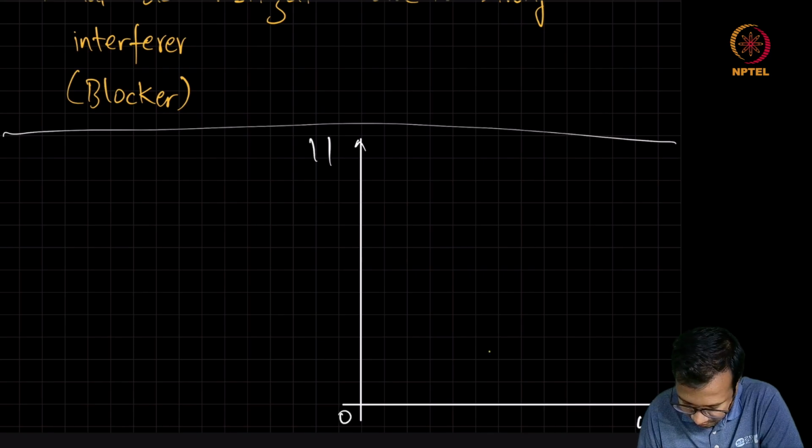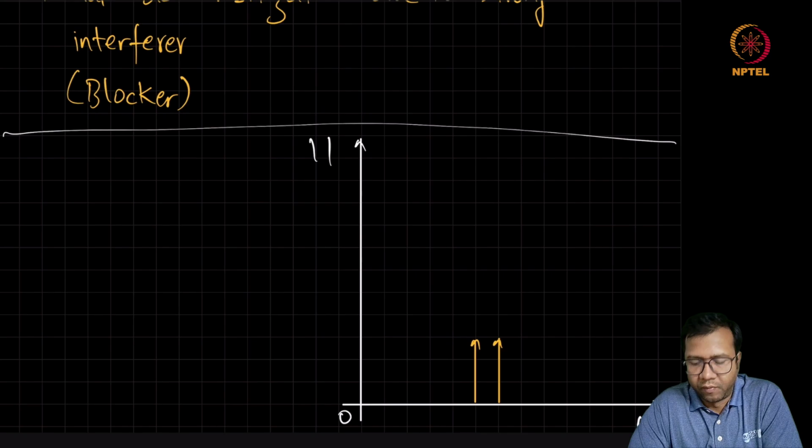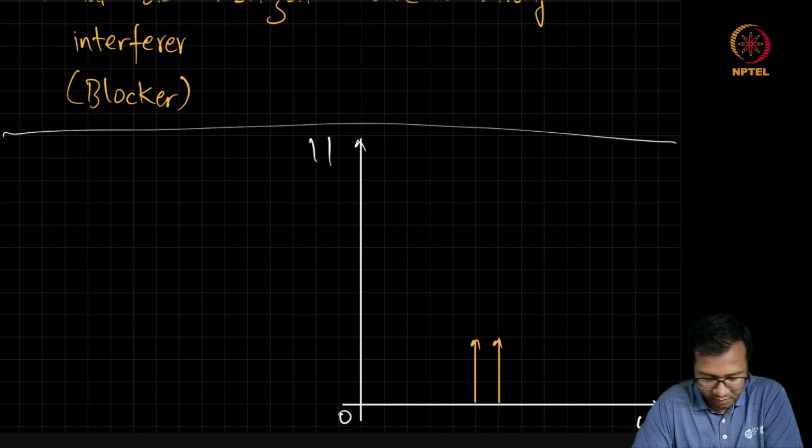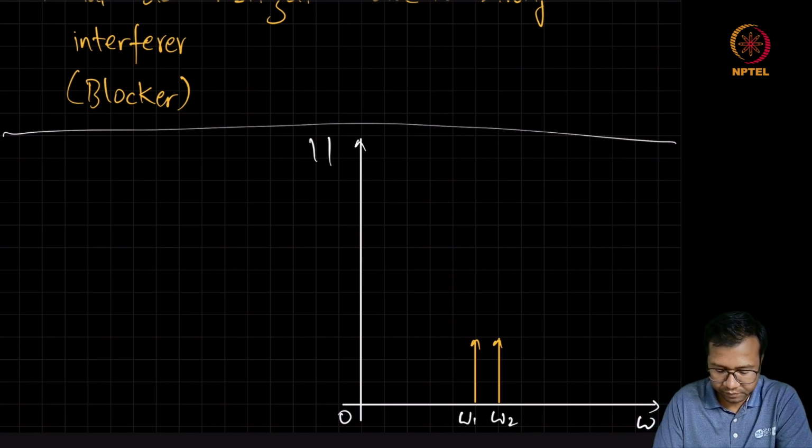Let's say we have these two frequency components, which are within the band of interest, at omega 1 and omega 2.